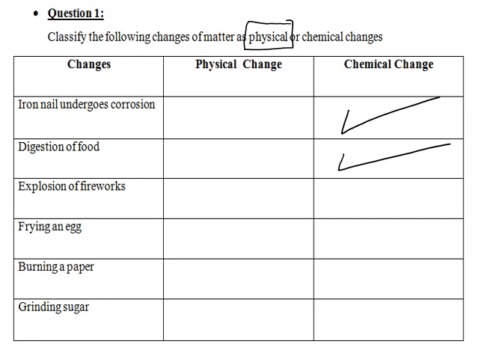Explosion of fireworks, also a chemical change. Oh my god, all of them are chemical changes. Frying an egg is a reaction where the egg becomes something other than the raw egg. So this is also a chemical change. Burning a paper changes it into another form, so it's a chemical change.